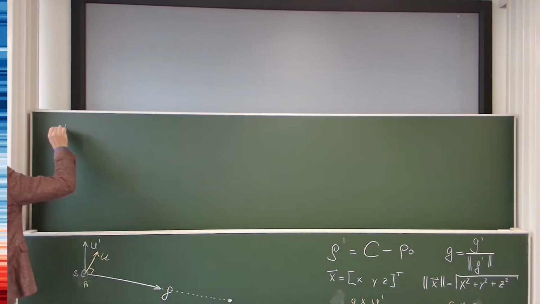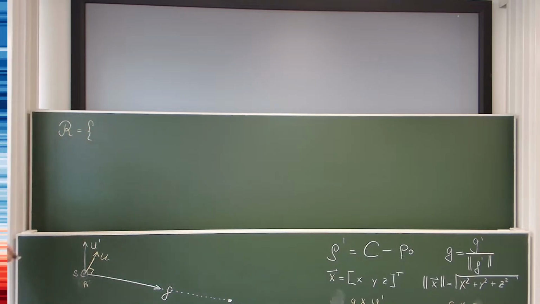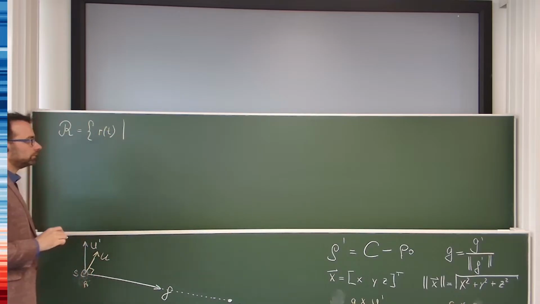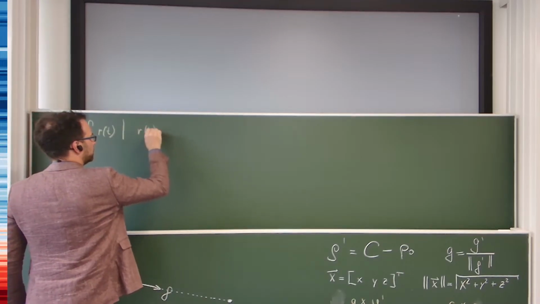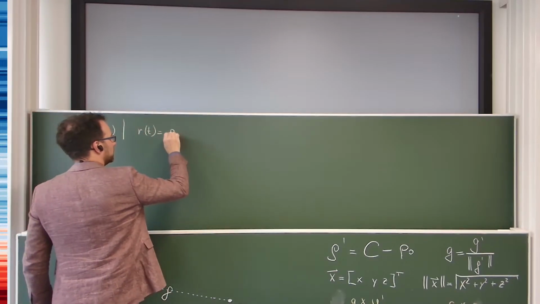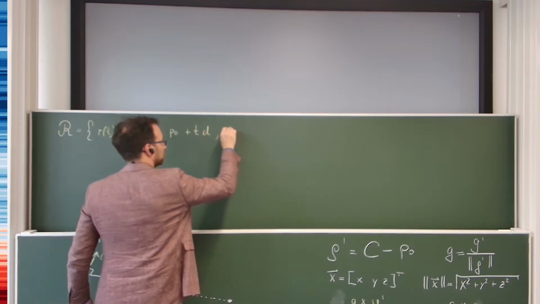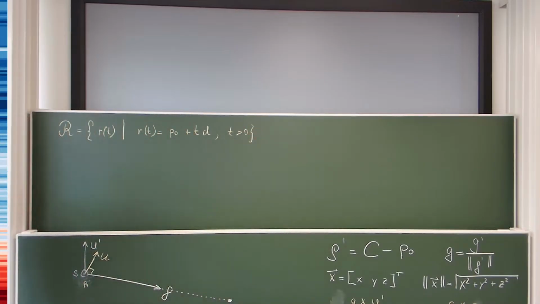So we have the ray as a set of all points R of t, for which R of t equals P0 plus t d, with t greater than 0.